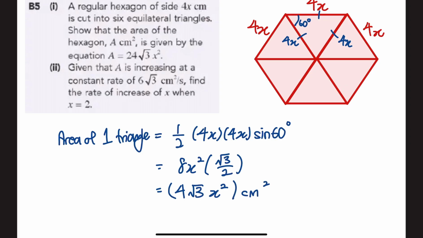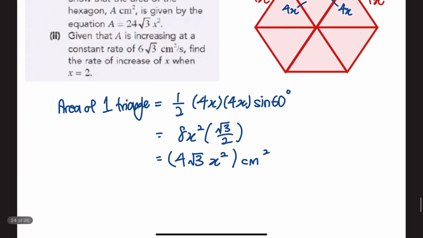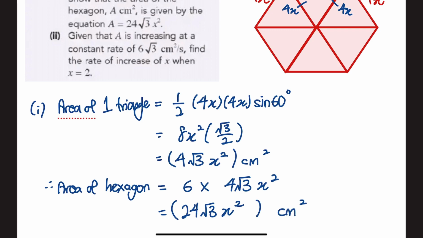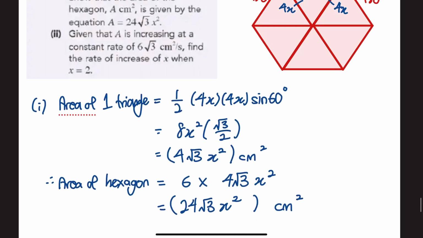This is the area of one triangle. So therefore, area of hexagon, they tell you that the hexagon is made out of 6 equilateral triangles, is simply 6 times 4 root 3 x squared. Final answer is 24 root 3 x squared, and the units are cm squared. This is for part 1.